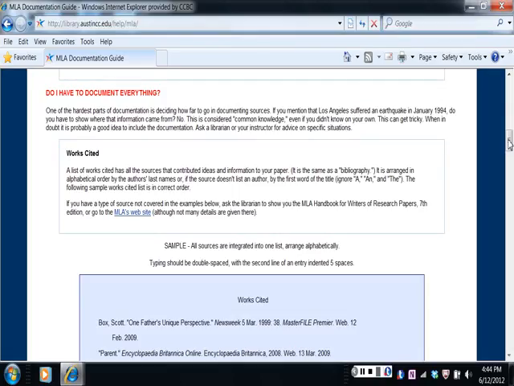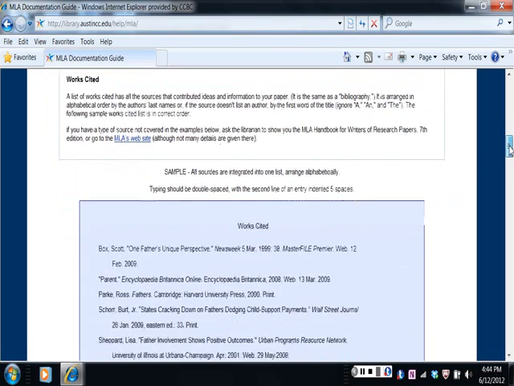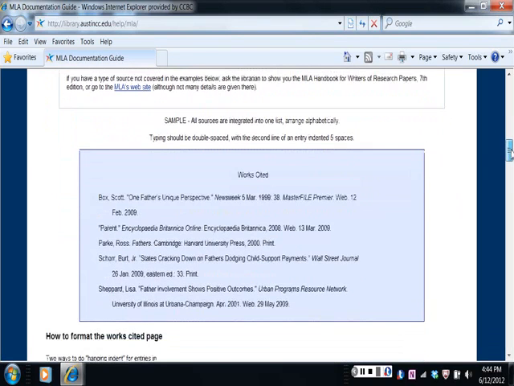The general rule is that if something is common knowledge, you don't have to cite it. So for instance, you wouldn't have to cite that Hamlet was written by Shakespeare, because we assume that you know that. But for the papers that we are doing, I would assume that you would have to cite just about everything that you're doing. Now, there's also the external citations.